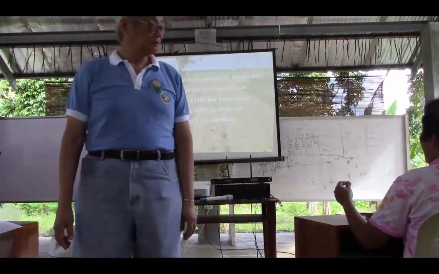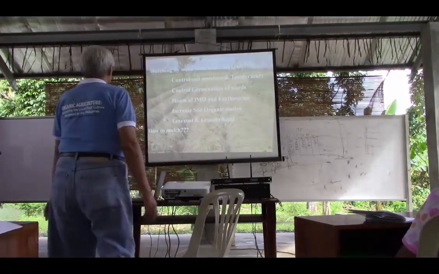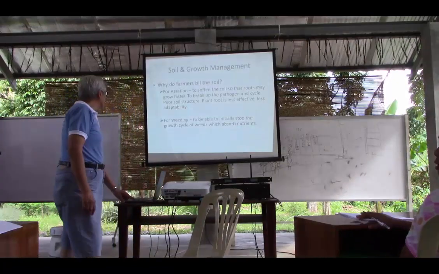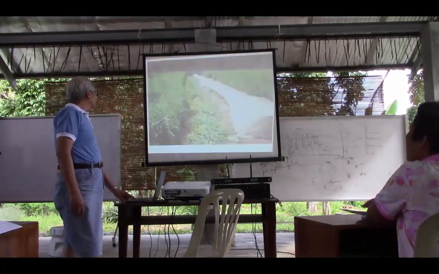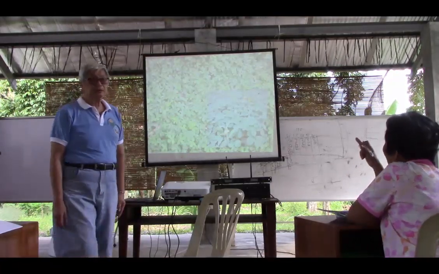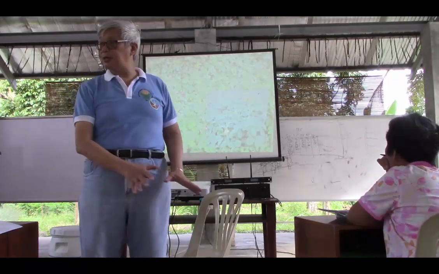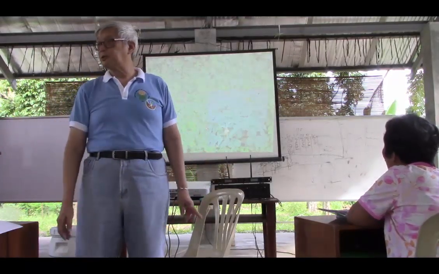The mani-mani, sir, what's the English term of that? Arachis pintoi. Arachis pintoi, it's good. It is a nitrogenous plant. Arachis pintoi, the mani-mani. They are just growing and they are nitrogen fixers.